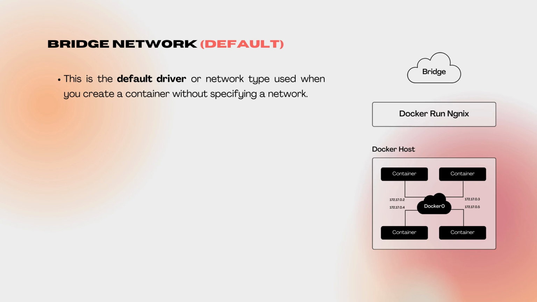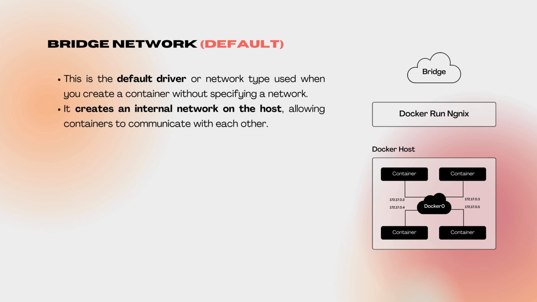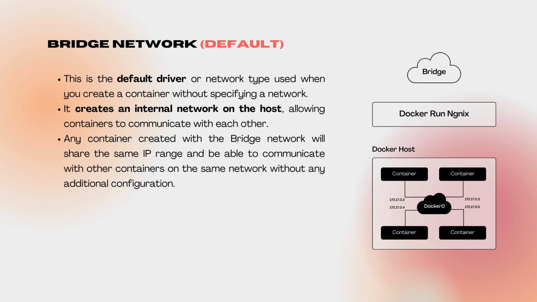This is the default driver or network type used when you create a container without specifying a network. It creates an internal network on the host, allowing containers to communicate with each other. This means that any container created with the bridge network will share the same IP range and be able to communicate with other containers on the same network without any additional configuration.